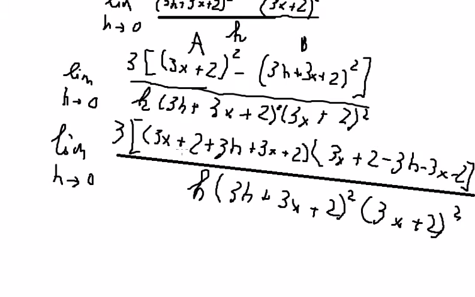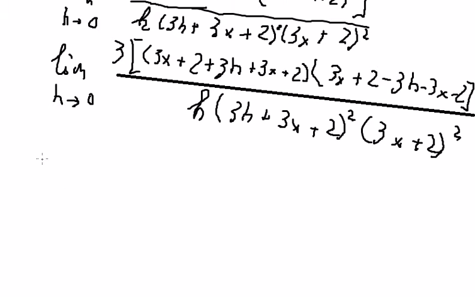So this one you will get about 2 minus 2, that will simplify 3h, negative 3s with positive 3s, that will simplify, and now we just have negative 3h.